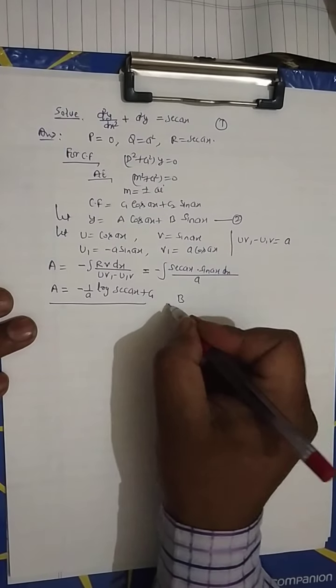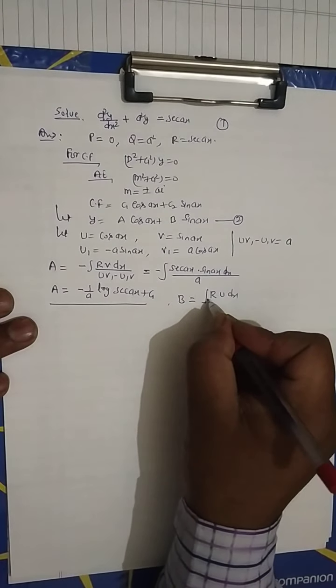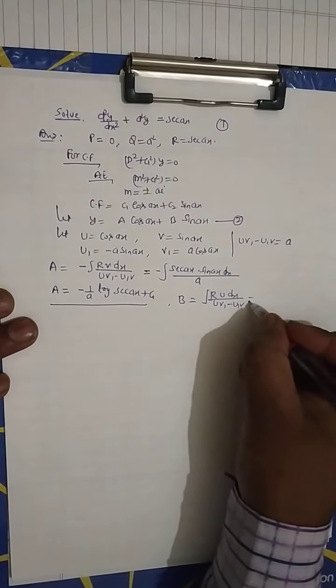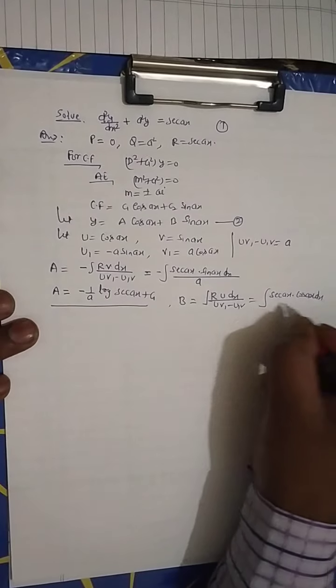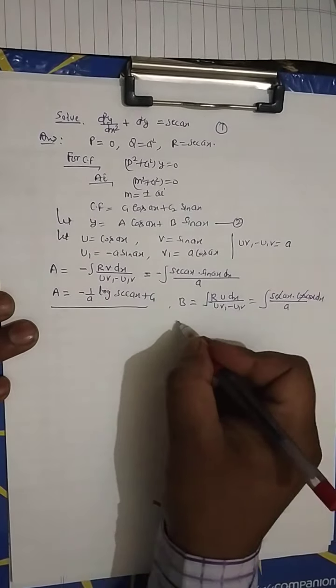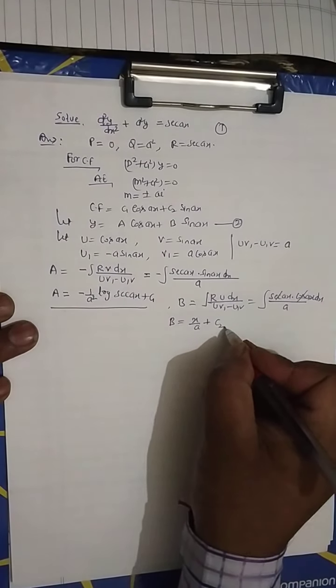Similarly, we can calculate the value of B, equal to integration of Ru dx upon uv1 minus u1v, equal to integration of sec ax into cos ax dx upon a, that is B is equal to x upon a plus c2.